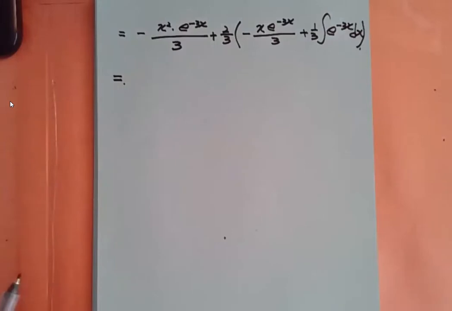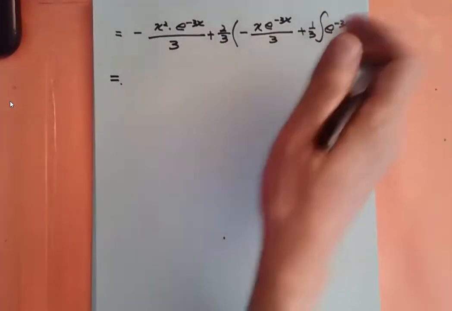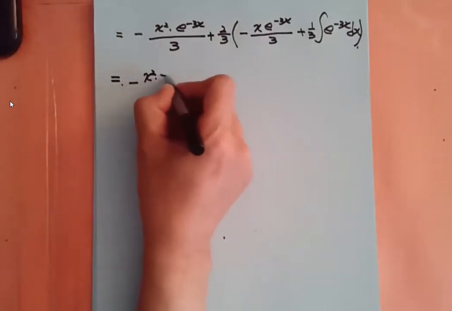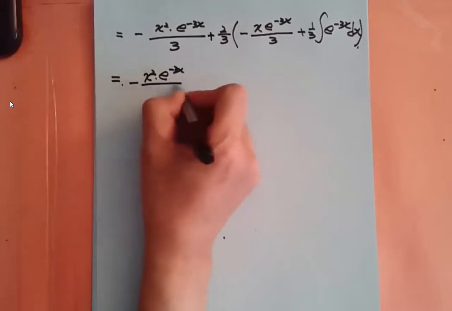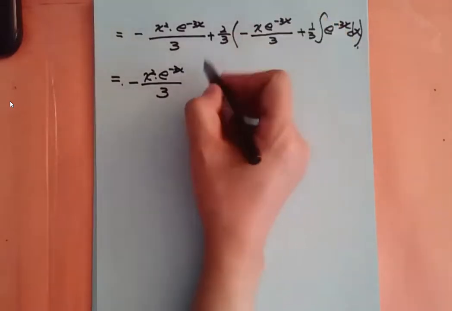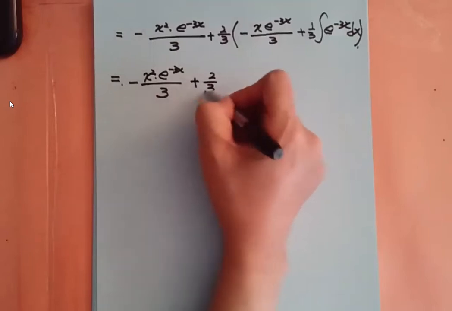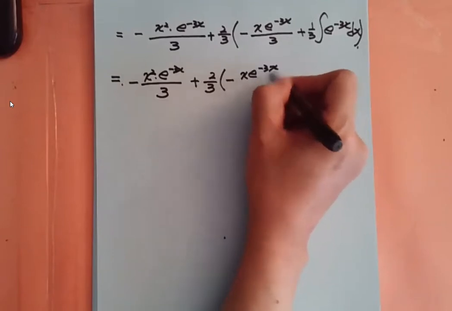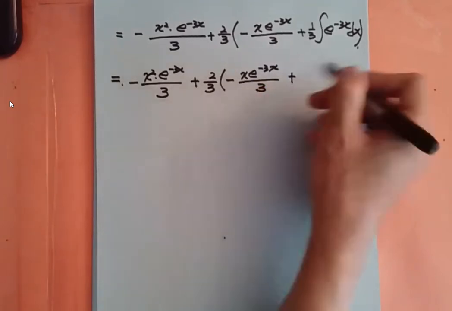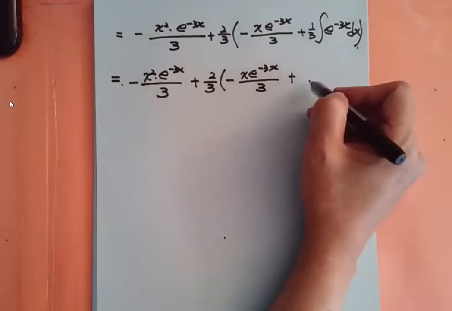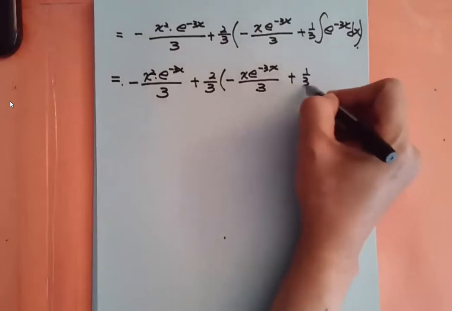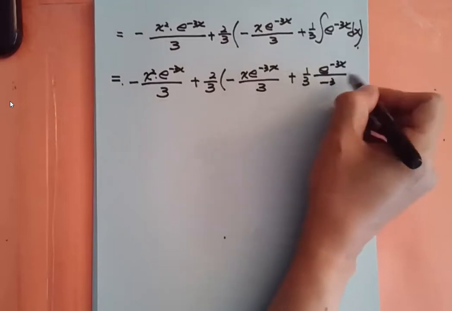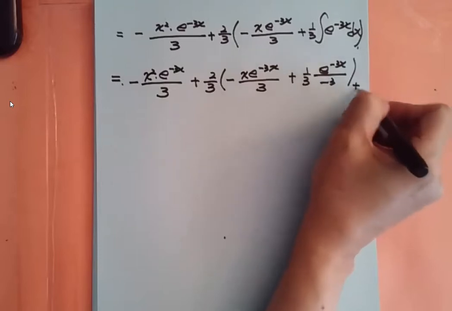And then integration one more time, but that's not the big deal. So minus x squared times e to the minus 3x over 3 plus 2/3 minus x times e to the minus 3x over 3 plus 1/3 times e to the minus 3x over minus 3 plus c, right?